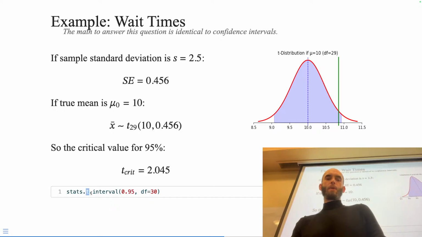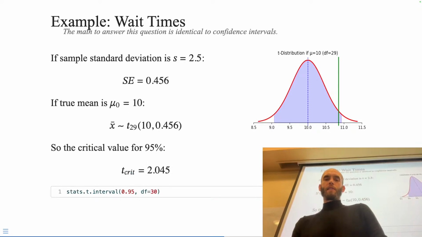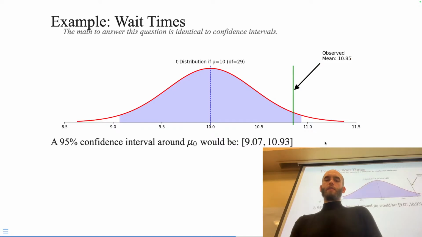We can use the t distribution and then just find a confidence interval that contains 95% of the data. And for the degrees of freedom, we just use the sample size. So we put in the sample size of 30, and this will give us a confidence interval. Much like we used the ppf command from last time, we can use this interval value to give us the confidence intervals.